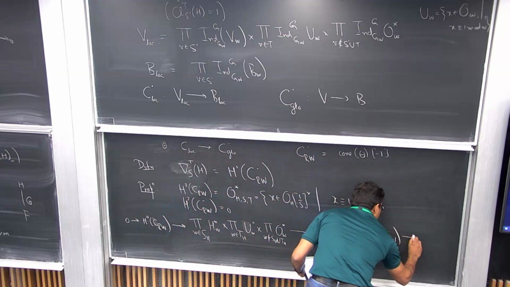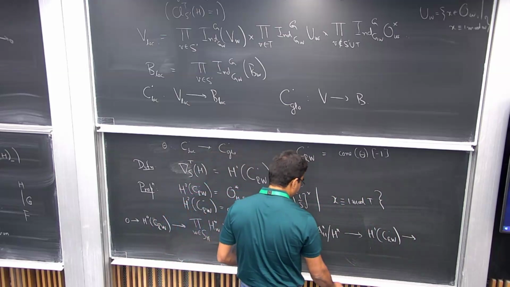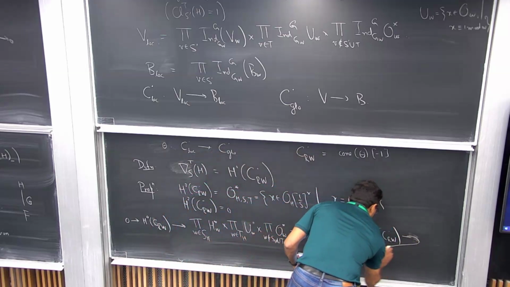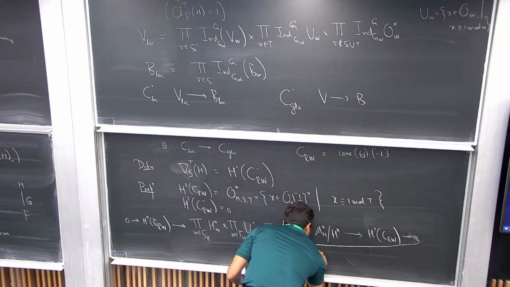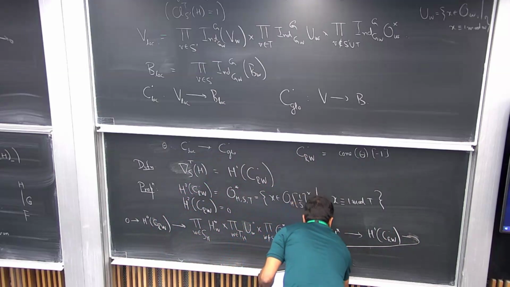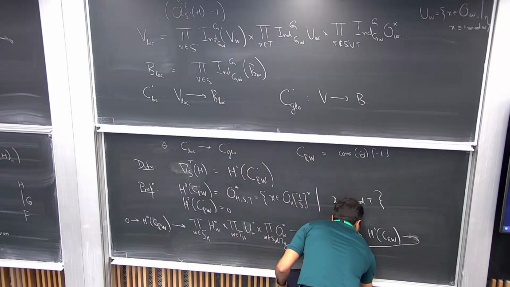This thing that goes into the product over all S_H copies of Z, and then that goes to Z. I mean, that goes to H2.